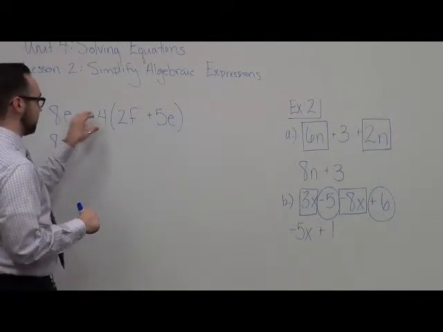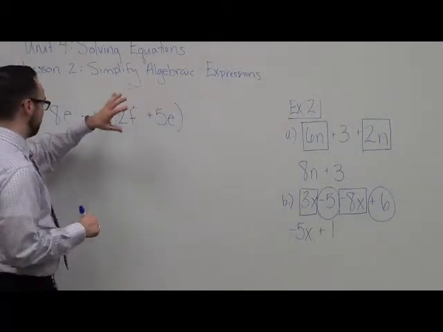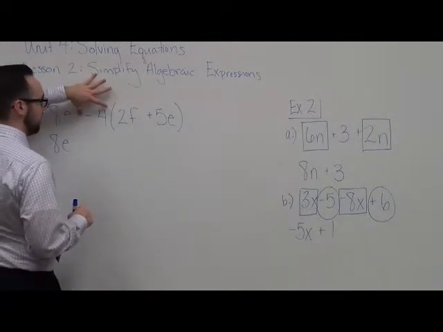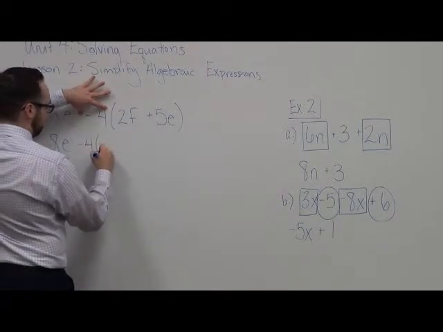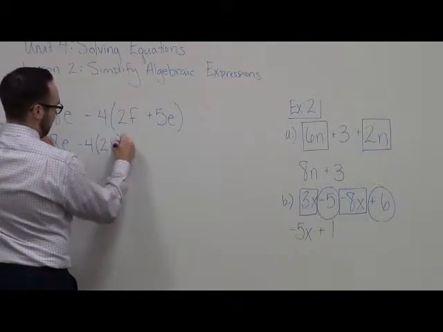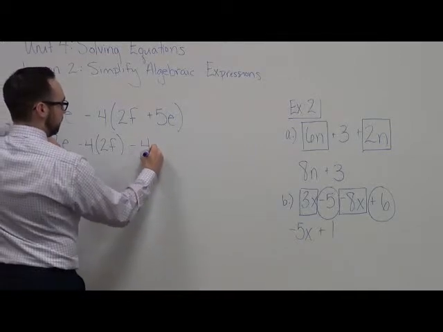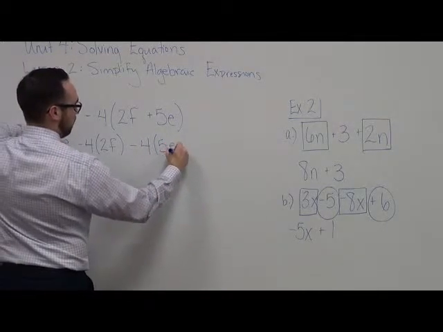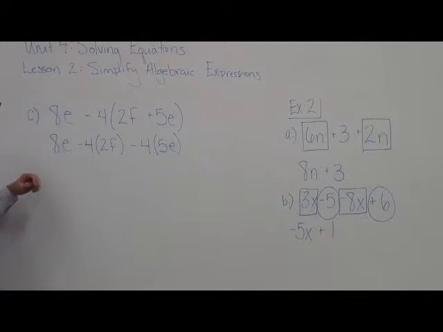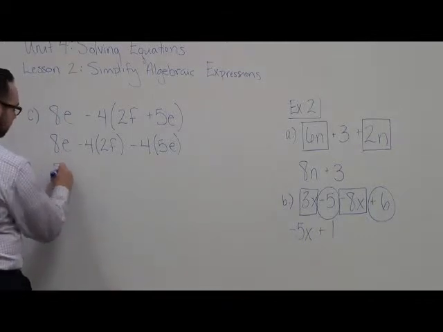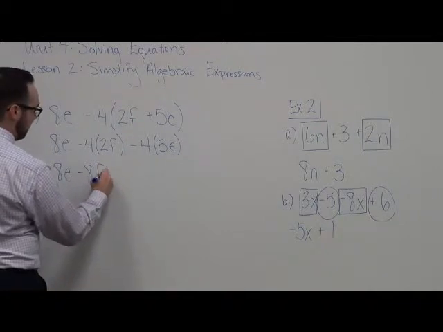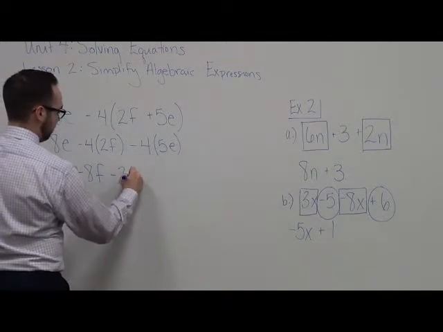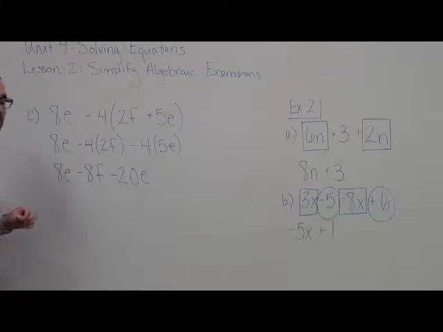Now this minus sign, remember, it distributes with, so ignore this. We have minus 4 times 2f. So you can kind of view that as minus 4 times 2f. And then you have minus 4 times 5e. So we multiply. It's 8e minus 8f minus 20e.